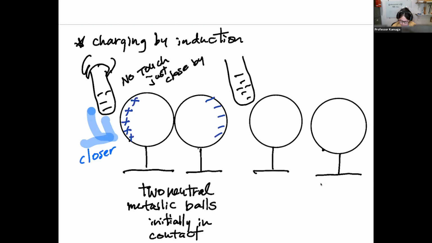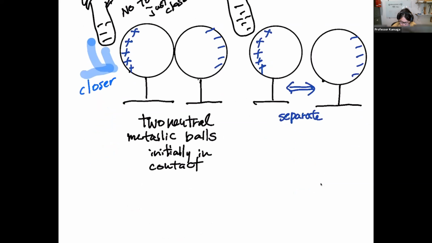So pluses, still here, minuses still here. But now we separate. Physically separate them, then remove the rod.